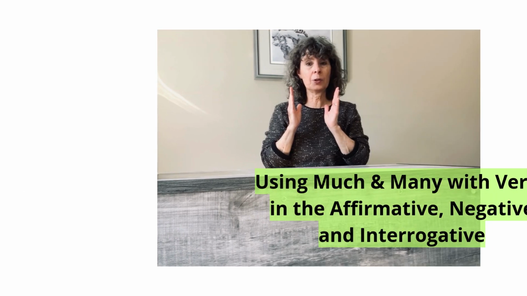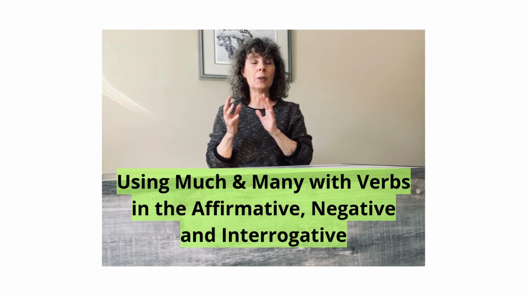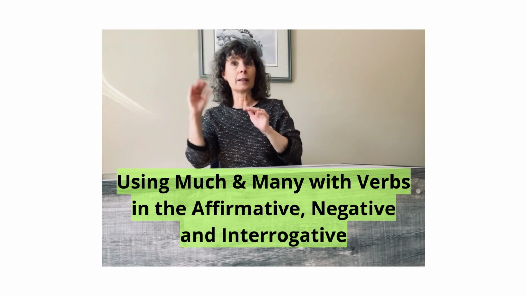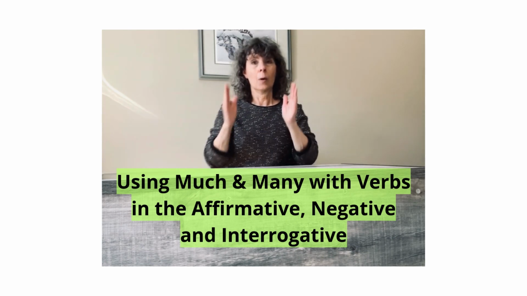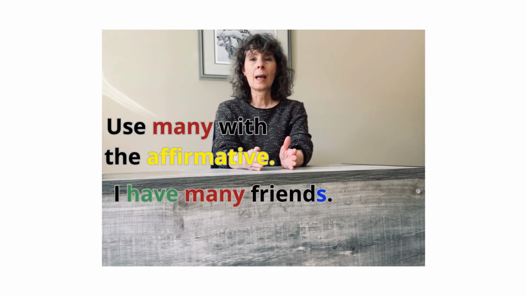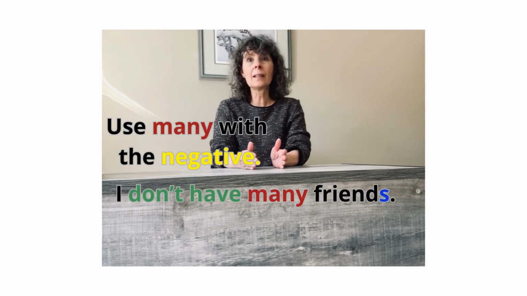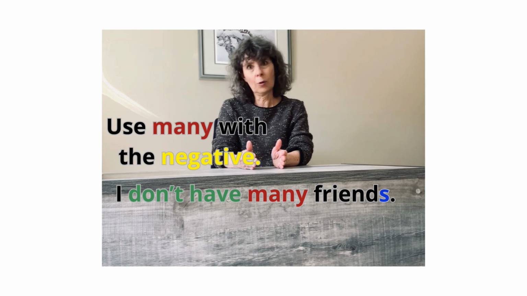When it comes to verb tense and using affirmative, negative, or interrogative, which is the question, with many, you can use many for affirmative. I have many friends. For the negative, I don't have many friends.